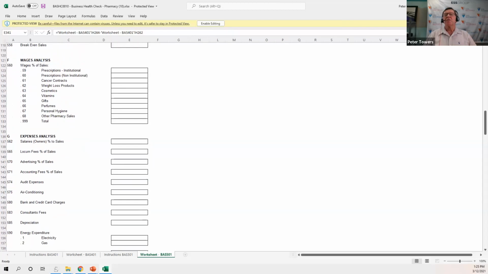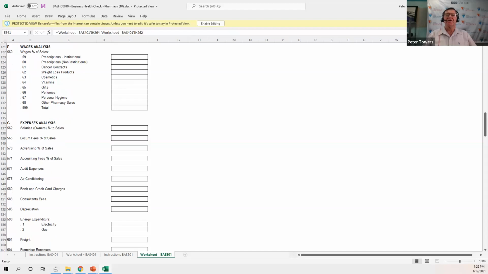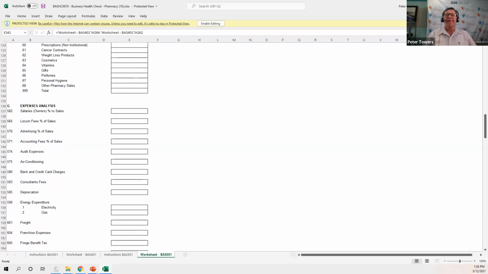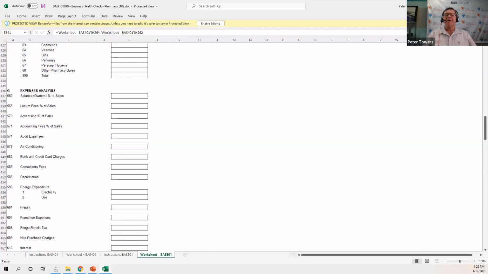We then have wage percentage. Again, on its own, probably doesn't mean anything, but you then incorporate that into the week by week by week comparisons. If there are any fluctuations or variations, they're going to stand out very clearly. And that's when management should be asking questions. Why? Why did this occur? Then we've got the expense analysis.